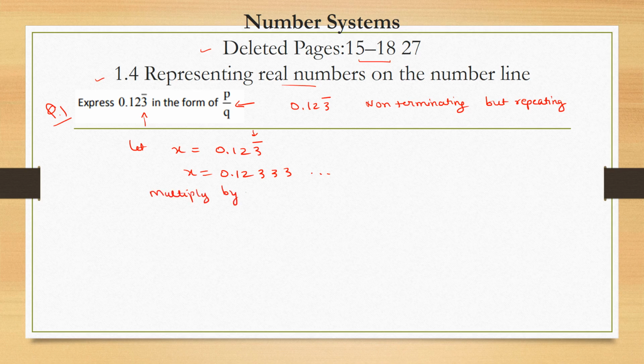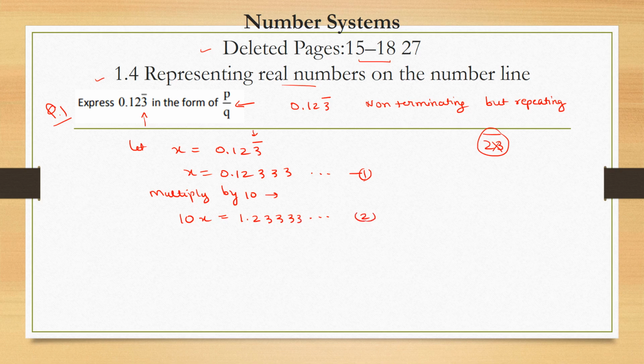Let's say if the question had been given with bar on 2 digits, then you would have to multiply it by 100. Okay? So multiply by 10 on both sides. This will make the first equation 10x, and the point will be shifted to the right, and you will get 1.2333 and so on, right?